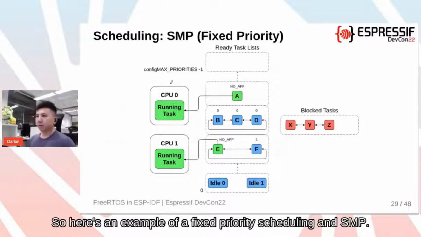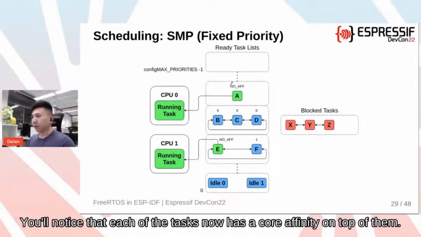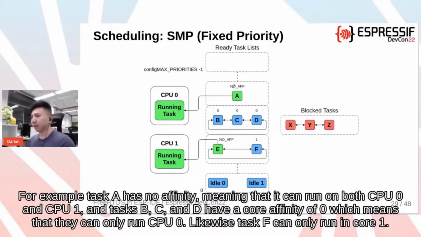So here's an example of fixed priority scheduling in SMP. I'm using the IDF SMP here because there are 2 cores. You notice that each of the tasks now has a core affinity on top of it. For example, task A has no affinity, meaning that it can run on both CPU 0 and CPU 1. And tasks B, C, D have a core affinity of 0, which means that they can only run on CPU 0.